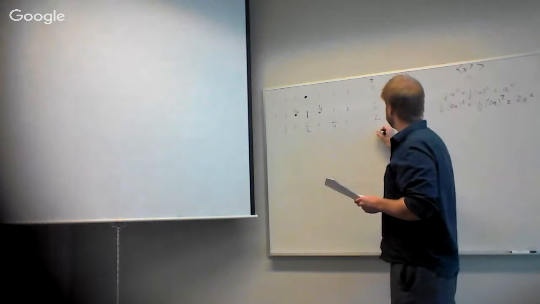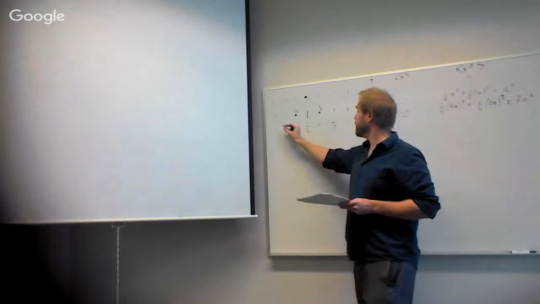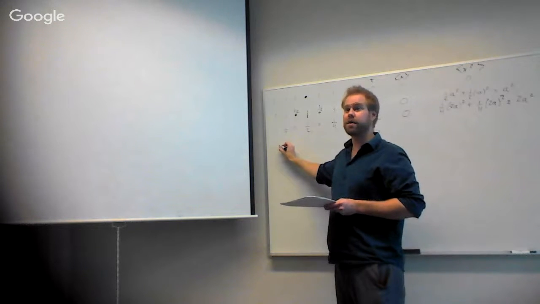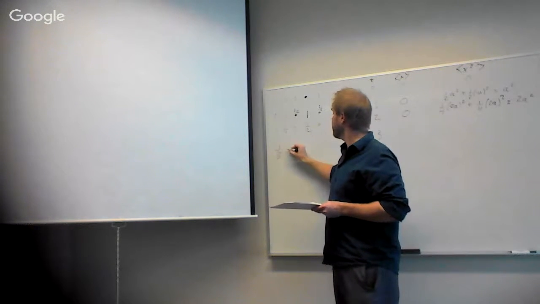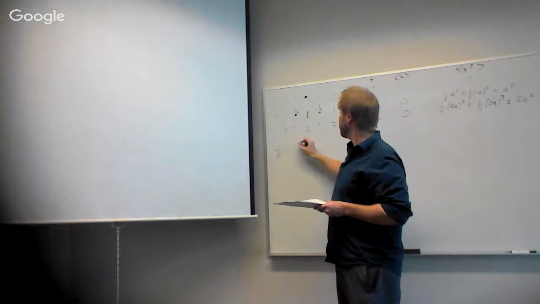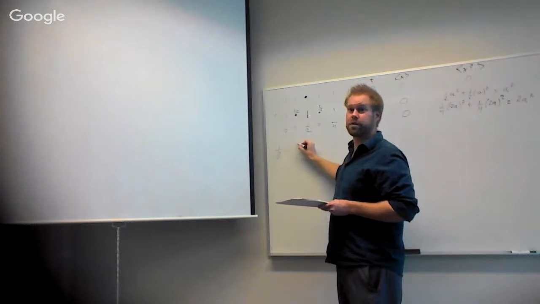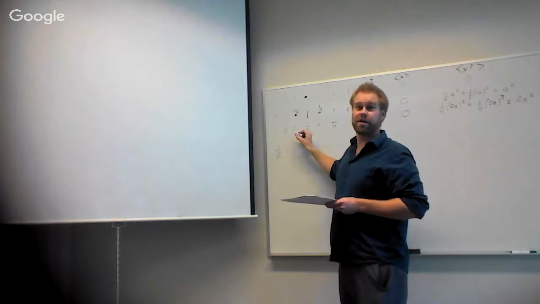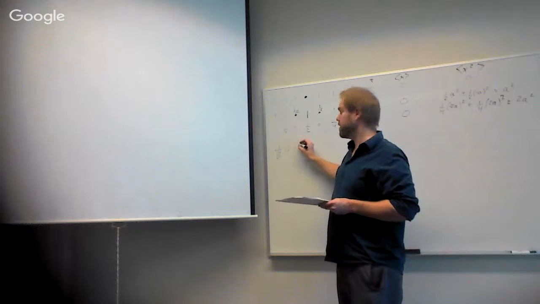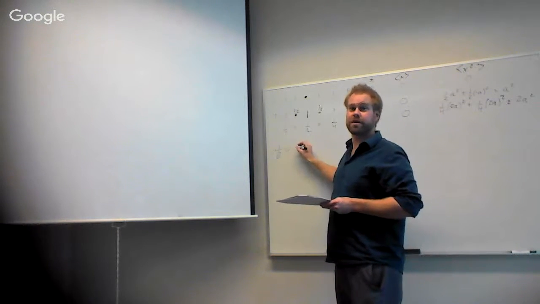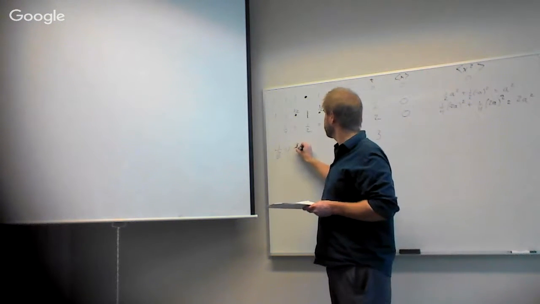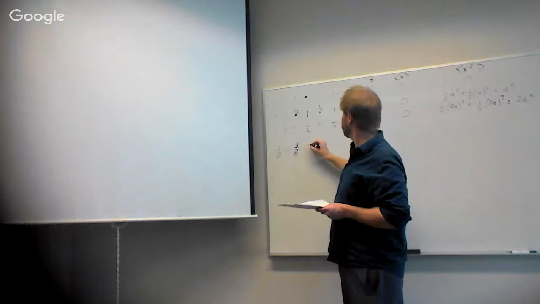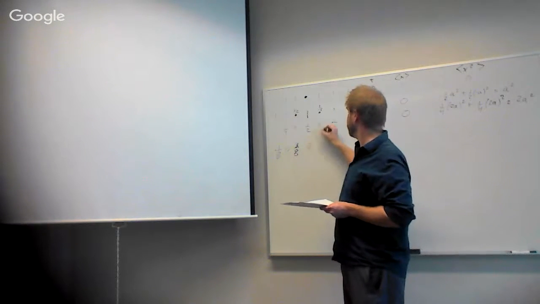Okay, let's do one more. At t equals 3, what do I get out here? 1/8. What do I get here? 0. What do I get here? 3/8.